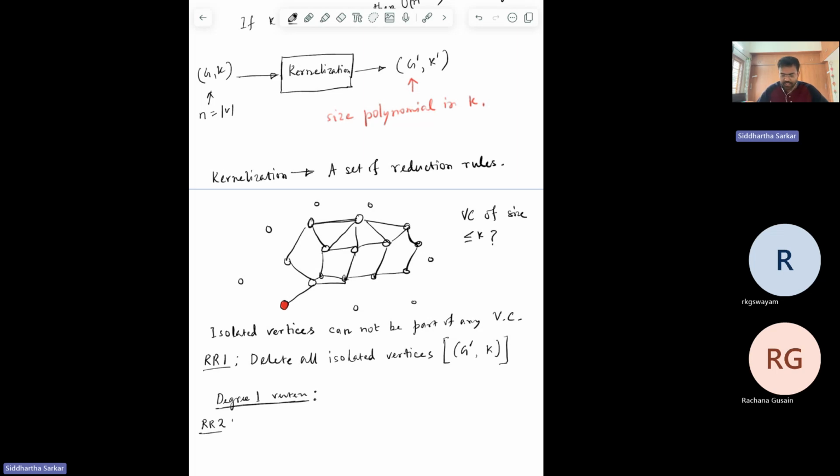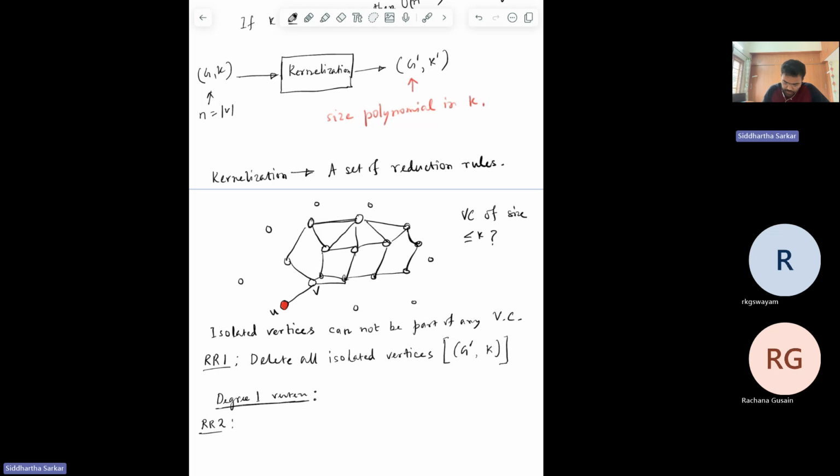One can say that if you see a degree 1 vertex, then do not take it, take the other end of the edge. So let us say this is U and this is V. U is connected to V, where U is a degree 1 vertex. Take V, because V might be connected to other edges, other vertices. So V is potentially able to cover more edges than U can cover.